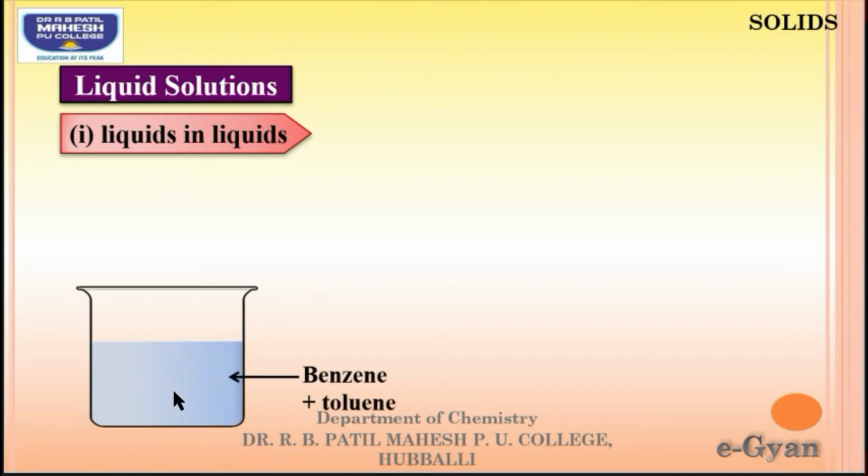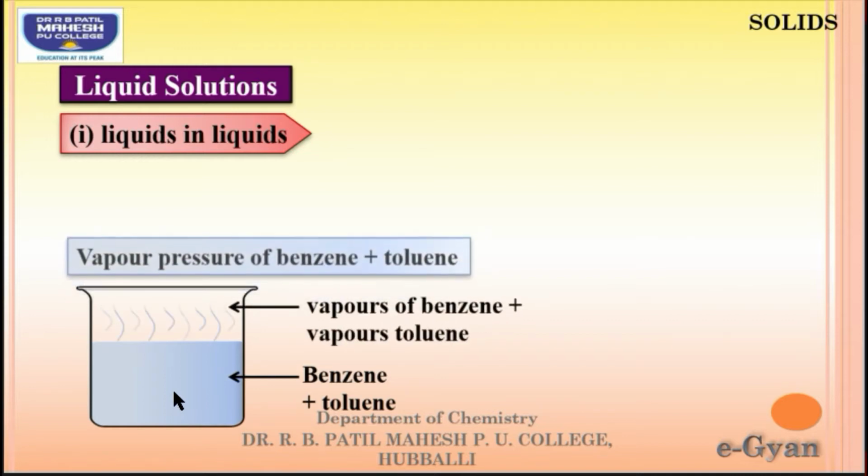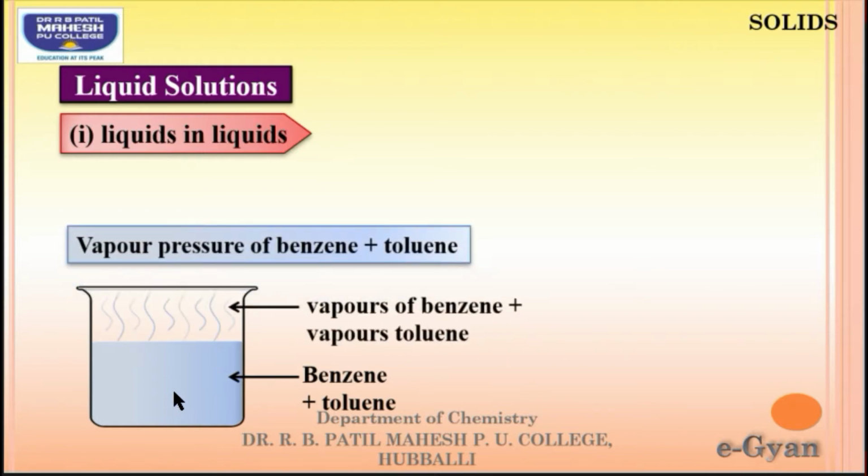Then the vapors which are formed will be a mixture of both benzene and toluene. Then the pressure exerted on the surface is due to the benzene and toluene. It is a mixture of both the solvents.